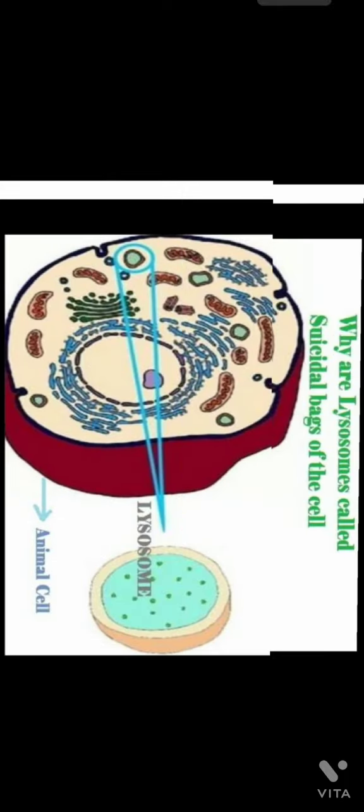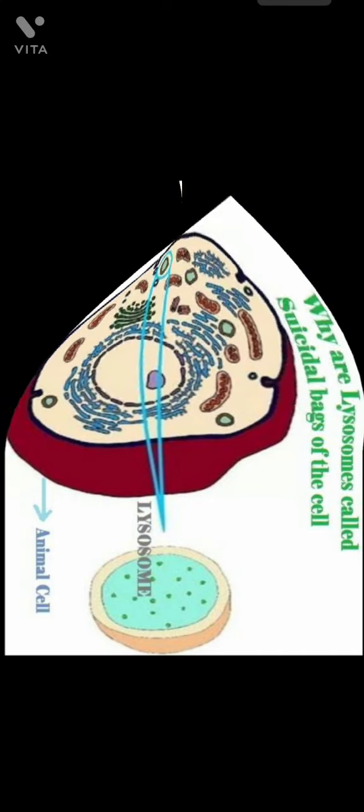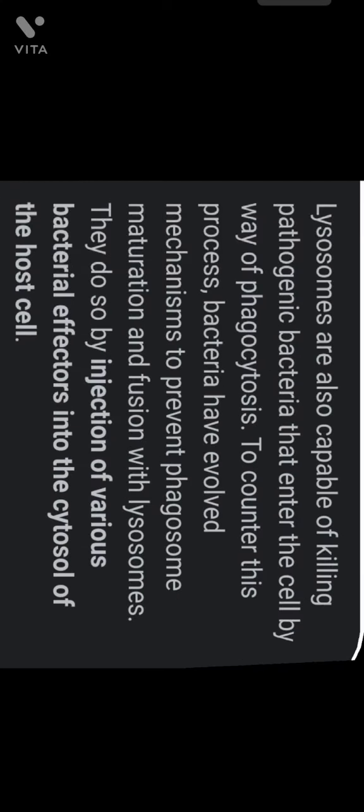This mechanism is called autophagy. Autophagy, the suicidal bag. Because of lysosomes only, the cell gets disrupted. So it is called the suicidal bag. Here the lysosome goes into the cytoplasm and the mitochondria die, helping in cleaning up.